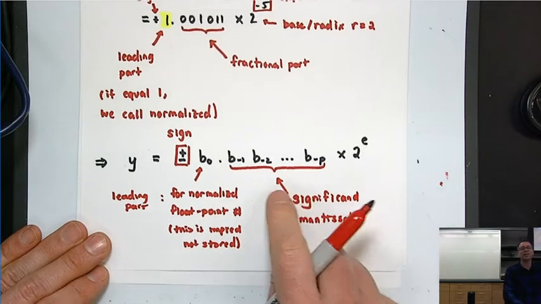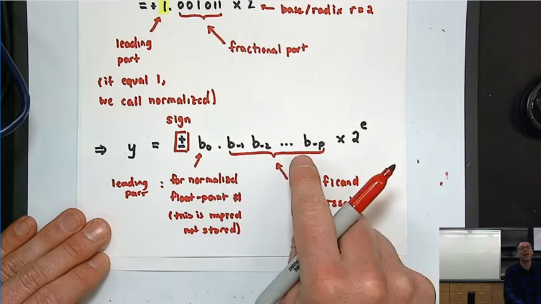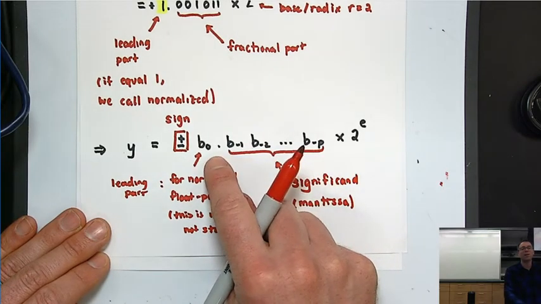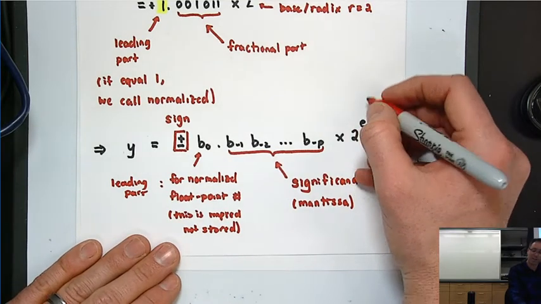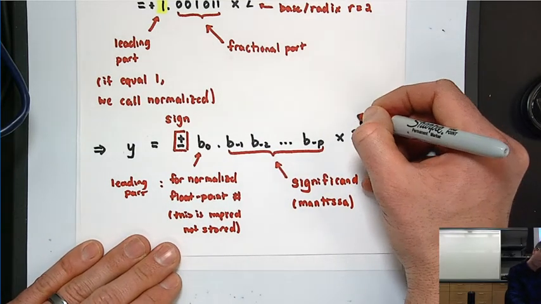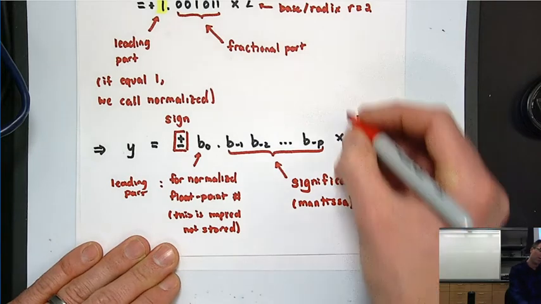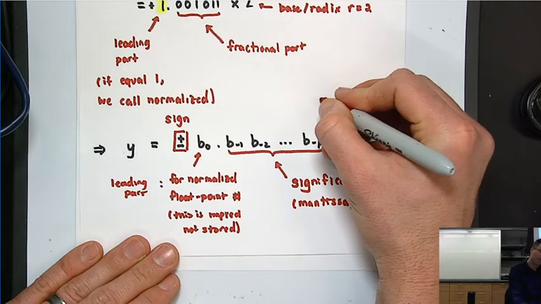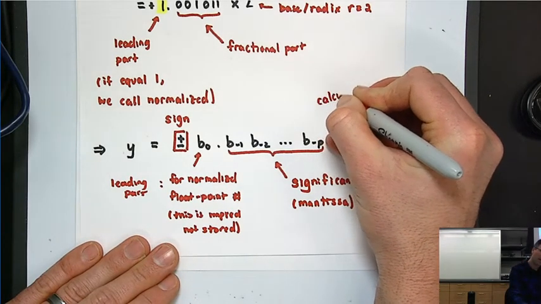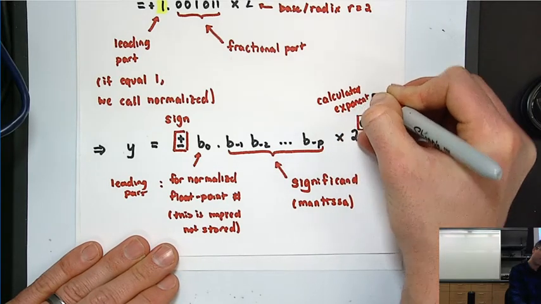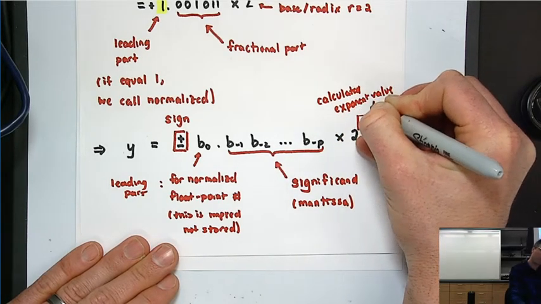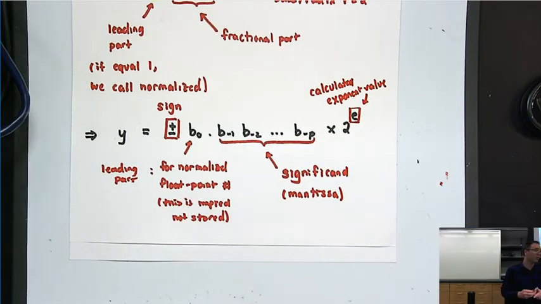So significand is the string of bits after the implied leading part that store that number. And then this thing is going to be the calculated exponent value.